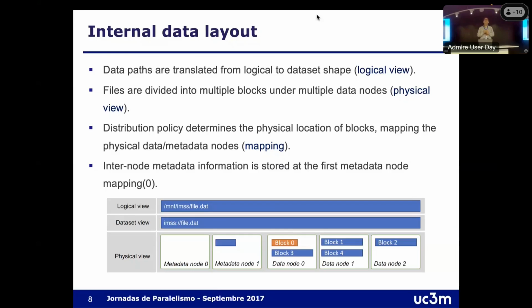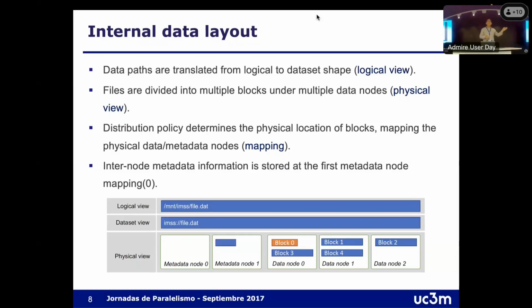Inside this data set, we have local data sets that belong to each node, and inside the local data set, we have a smaller data set that is related to the partition of the data stored in that node related to each application. At the end, you have a distributed data set.